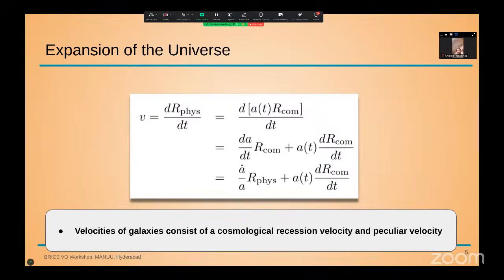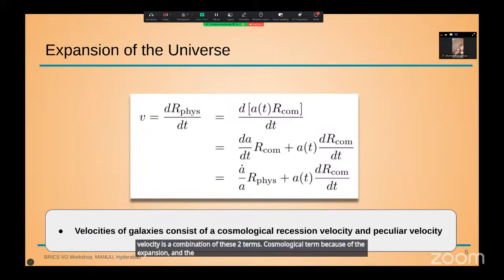Now I can do some tricks. This dA by dt is a dot. I can divide by a and multiply by a. Then what I get is a dot over a times r moving times a, which is r physical. This other term I kept as it is. So you see that the velocity is a combination of two terms: the cosmological term because of the expansion, and the peculiar velocity term because of motions on the grid.